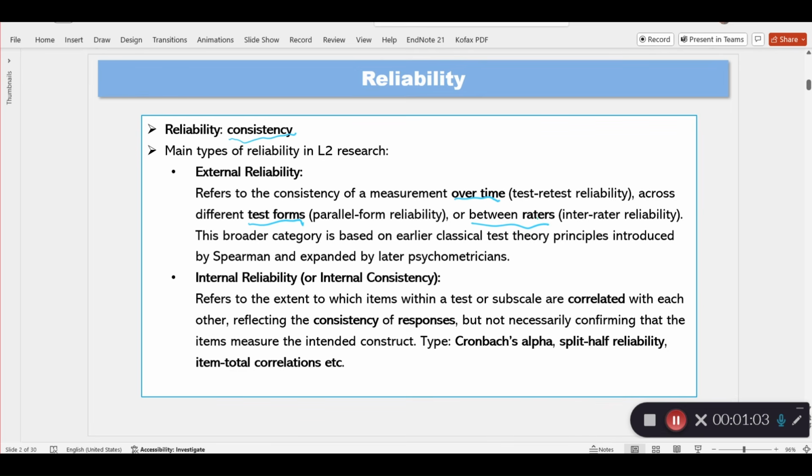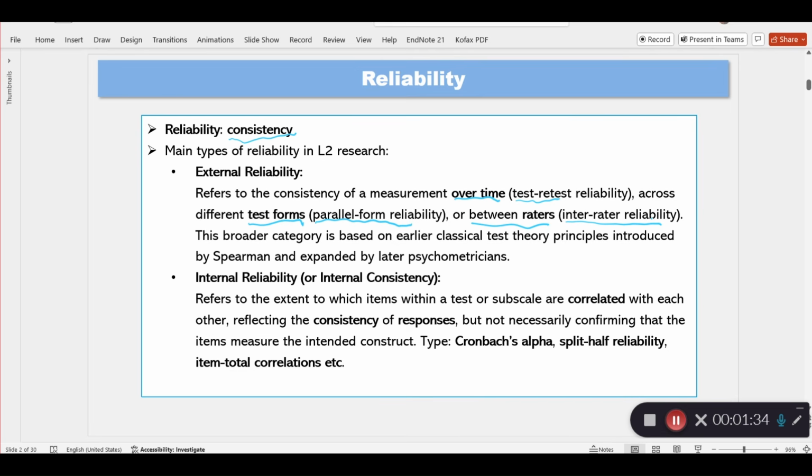between raters. The first type of reliability is also known as test-retest reliability, which I'm sure you're familiar with. The second one is also known as the parallel form reliability. That's reliability across test forms. And the last one, which is probably more commonly used in the field of second language research, applied linguistics, and especially language assessment, is known as inter-rater reliability as well.